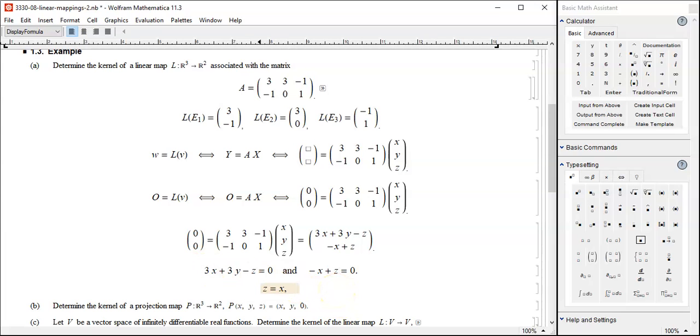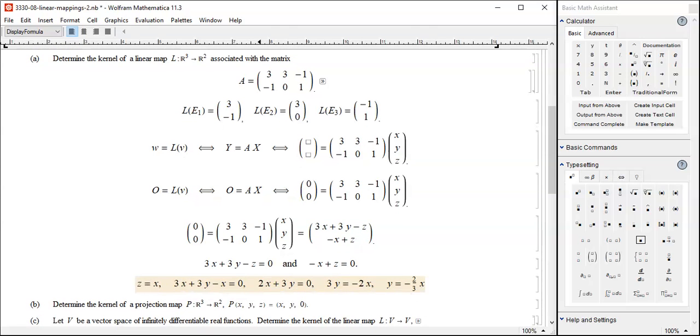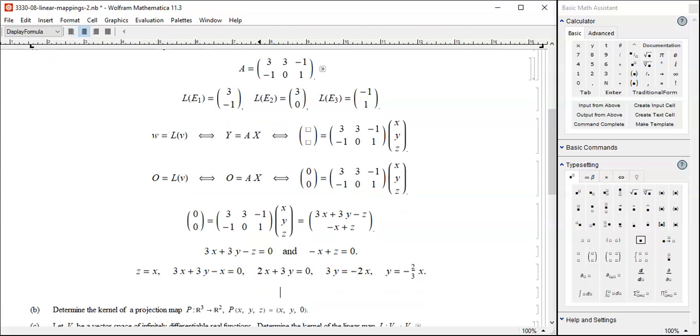I get 3x plus 3y minus x is equal to 0. 2x plus 3y equal to 0. 3y is equal to negative 2x. I'm almost there. y equals negative 2/3 x. Okay, there you go. So we got what we wanted.